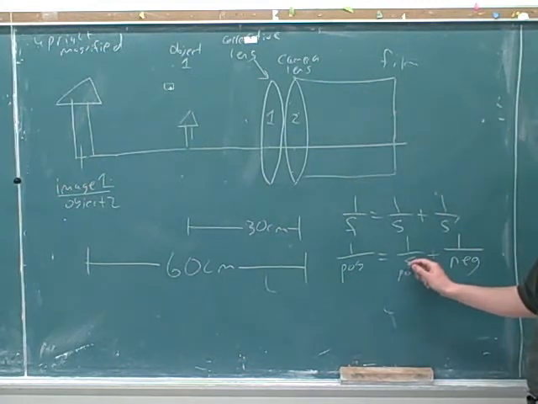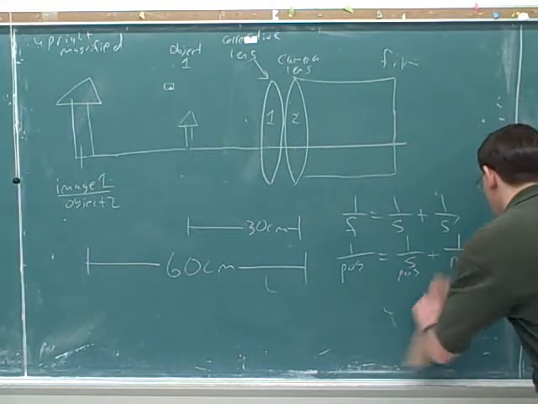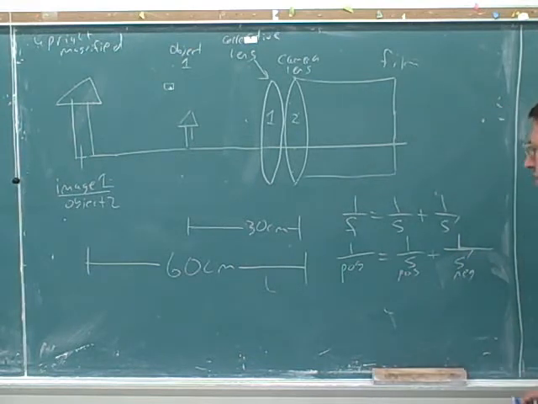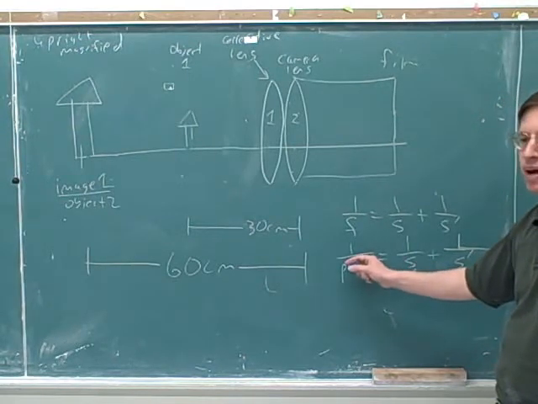We know this term is positive because it's the object distance. So we're putting a positive term and a negative term together to get a positive.